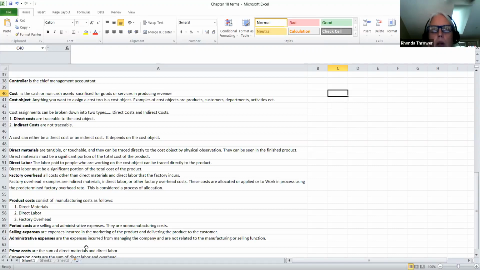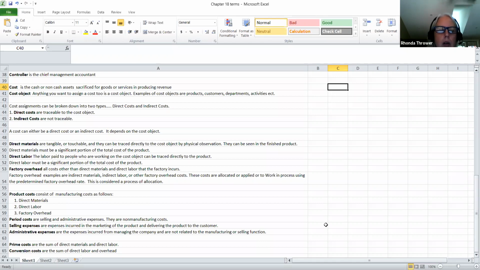The salaries of your office workers would be administrative types of expenses. Your office supplies are administrative expenses. These are things that would go in the administrative expense category, and they're not related to the manufacturing or the selling functions of a company.